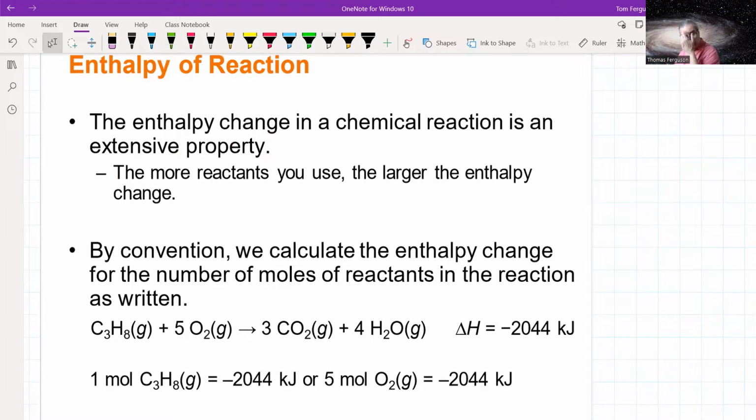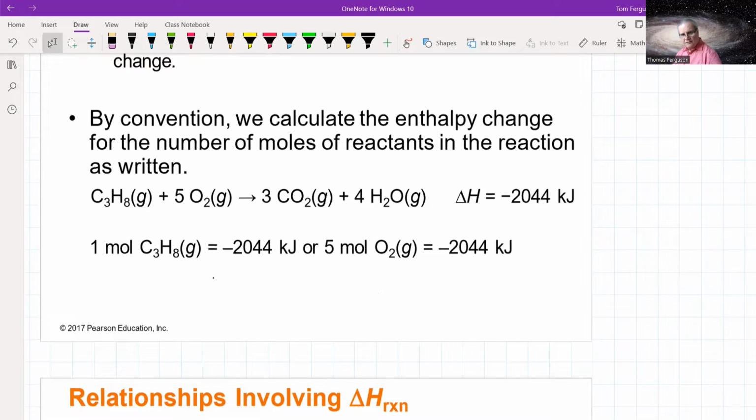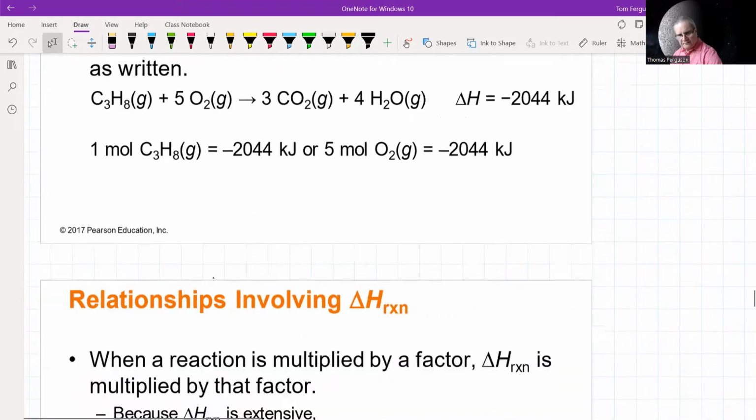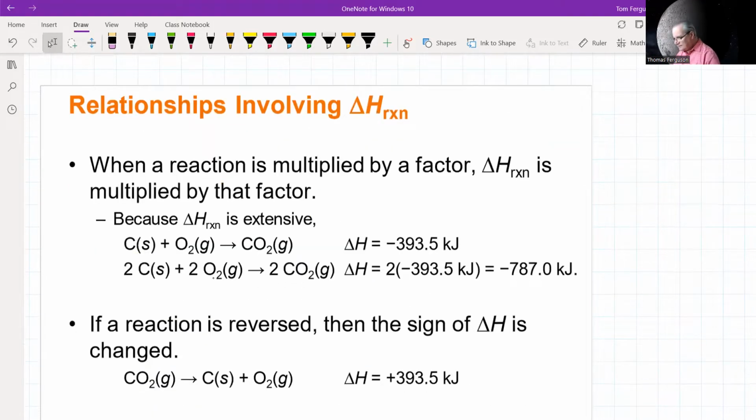Now we can calculate the enthalpy, the delta H, of a reaction. To do that, we're going to use a combination of reactions that add up to the reaction we're interested in.